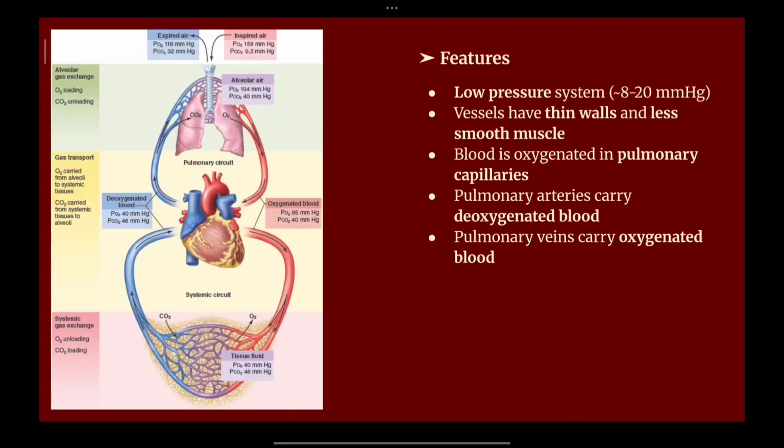Here the vessels are very thin walled and less smooth compared to the ones running in the systemic circulation. The vessels are thin because there is a requirement of exchange of gases. The blood is oxygenated in the pulmonary capillaries, and the pulmonary arteries carry the deoxygenated blood.